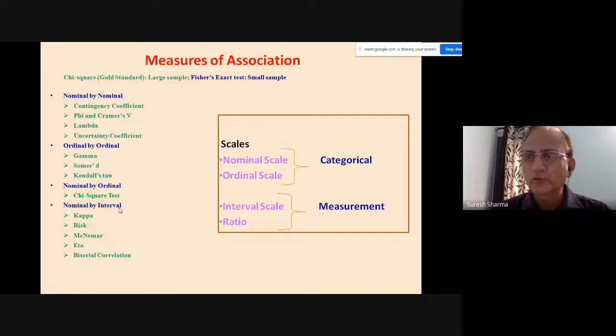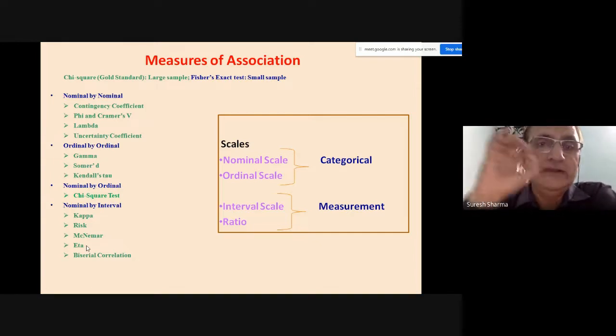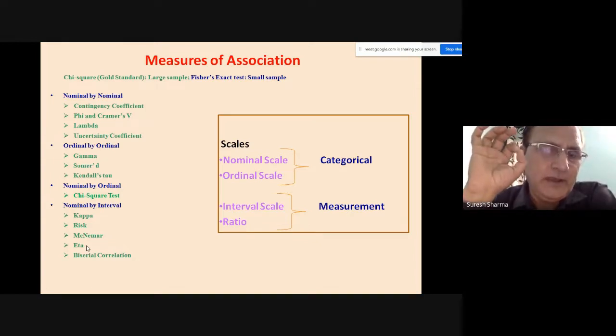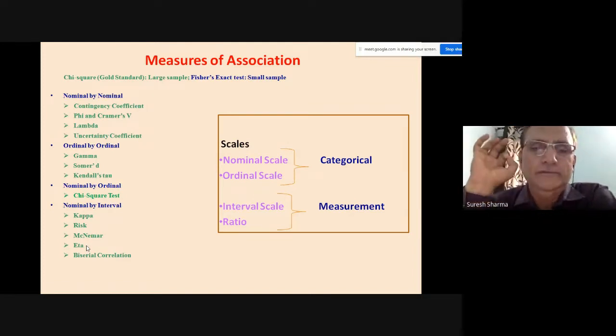There are other measures like kappa, risk, McNemar, and biserial correlation, but the eta coefficient is the best one to compute. So remember, this is a very, very important slide, and most of the books do not cover this aspect of correlation.